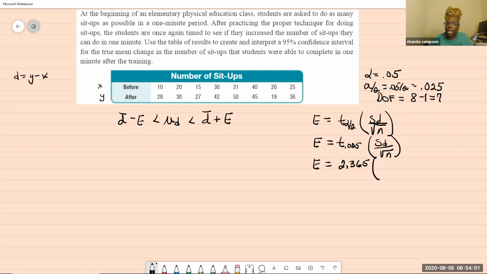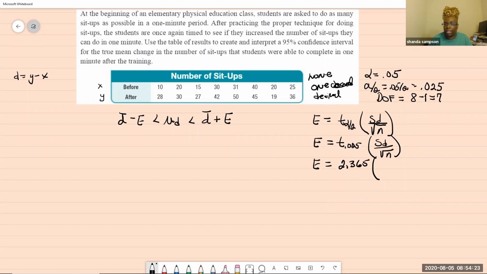Now, my students know they have to round properly. Now, what's the proper rounding rule? The rounding rule is one more decimal place than is listed in your data. Our data has no decimal places, right? None. So we should have 1 decimal place.